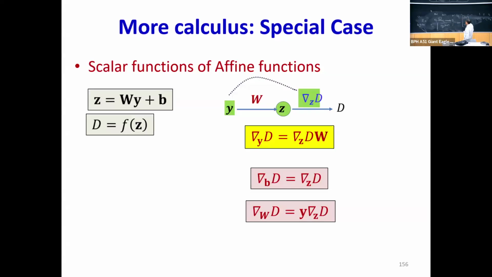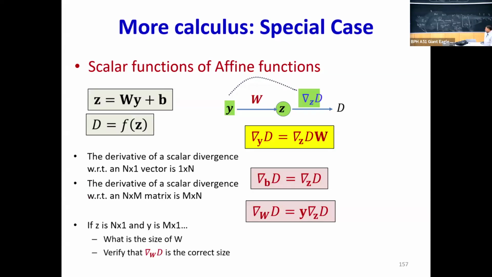No, actually, what is y? The size of y is m cross 1, right? So the product of these two is m cross n. So when I multiply y with the derivative for z, it's m cross n, which is the same as the size of the transpose of w. So that's how these two equations work, okay? And so now we've got all of this, right?